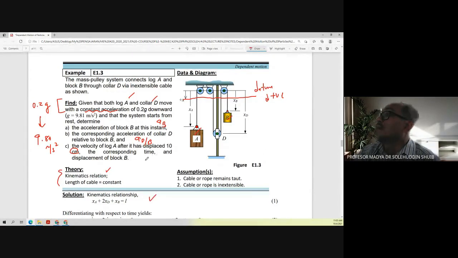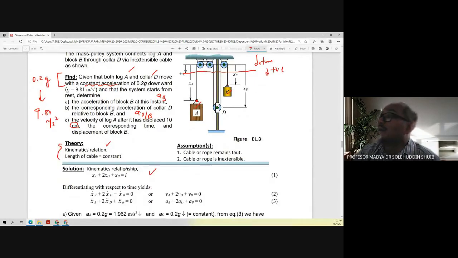And then you differentiate with respect to time. In this case, if you want to use both ways, no problem. If you want to remain using x, velocity is x dot and acceleration is x double dot.